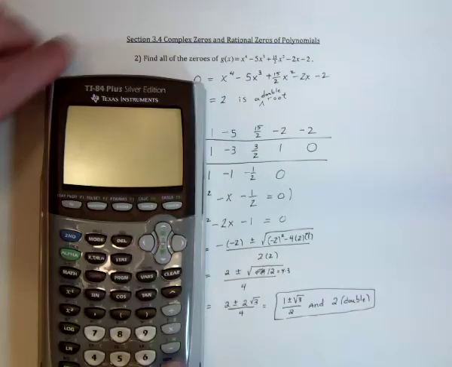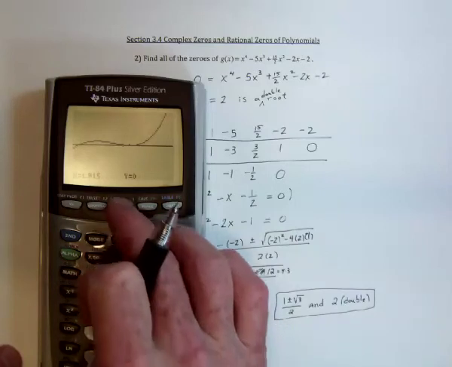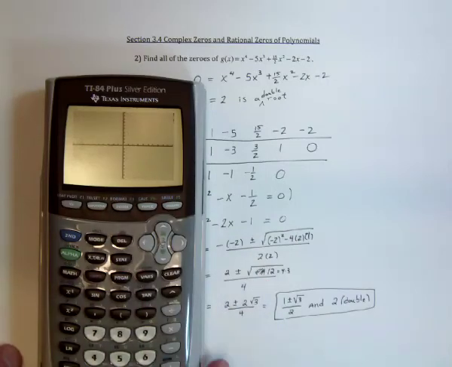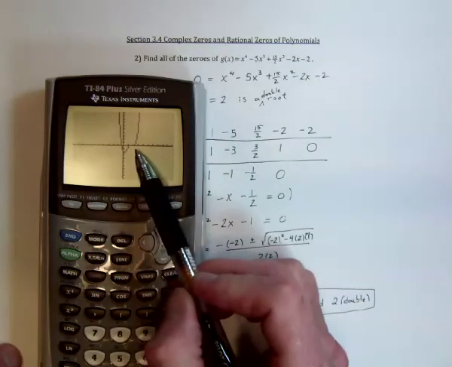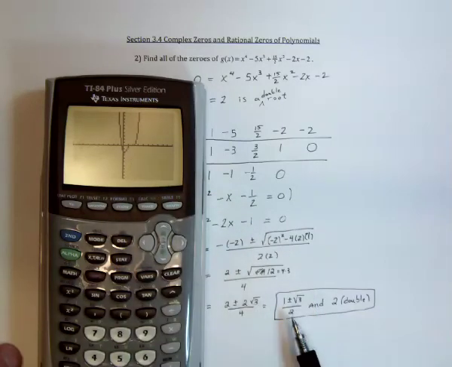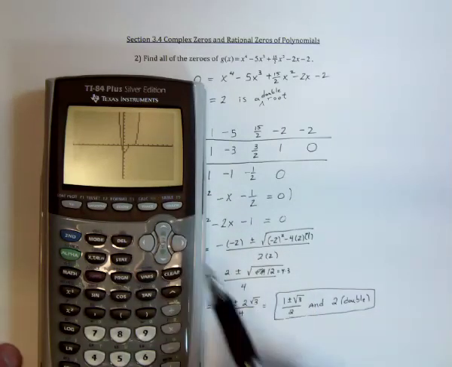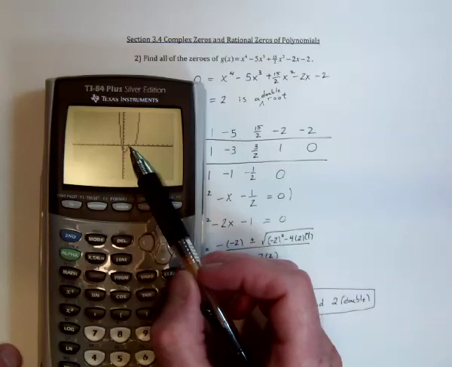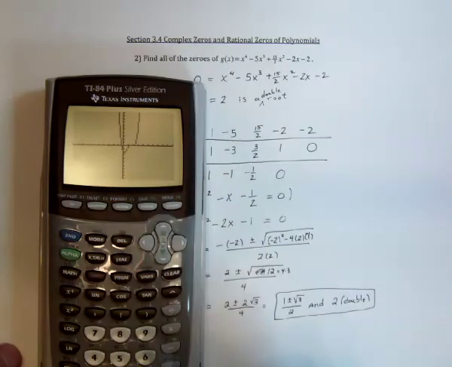And now, taking a look at the graph to make sure, zoom back out, and we've got the 2 we've already checked. Now we can type in these, and it should be somewhere right there where it's crossing and right over here.